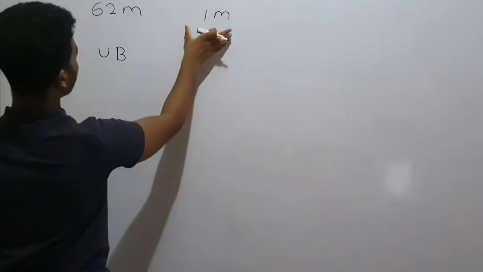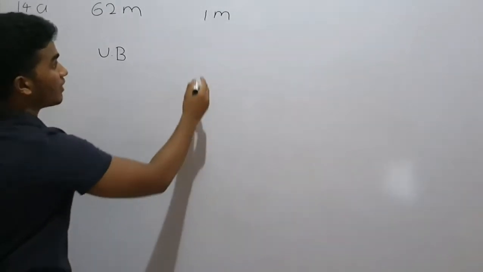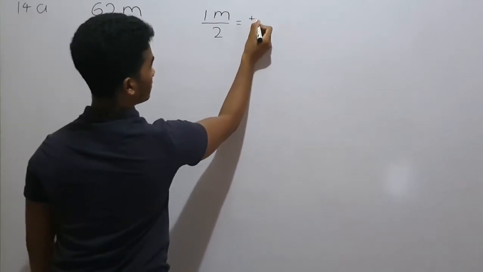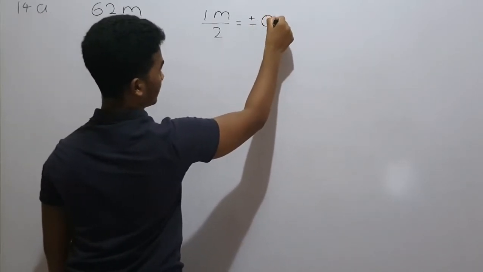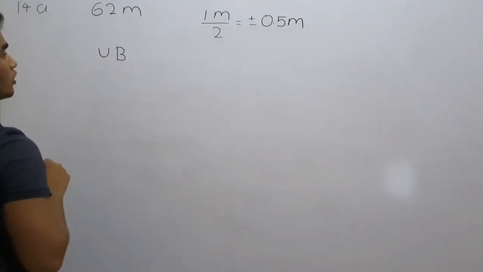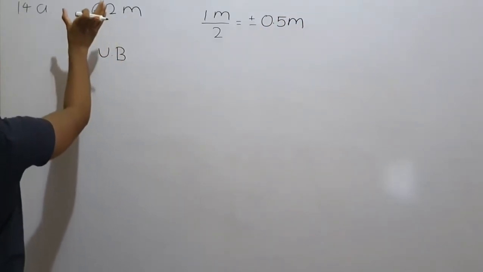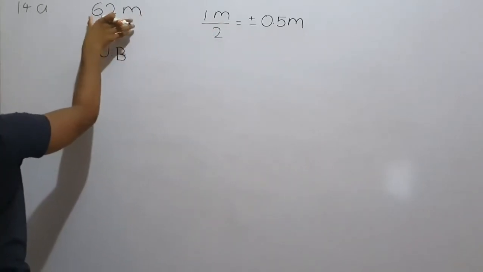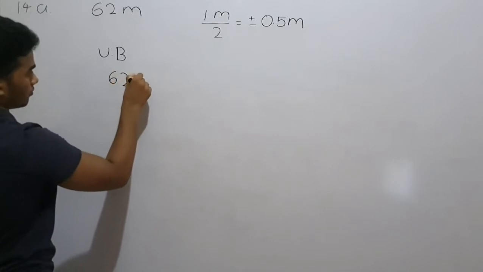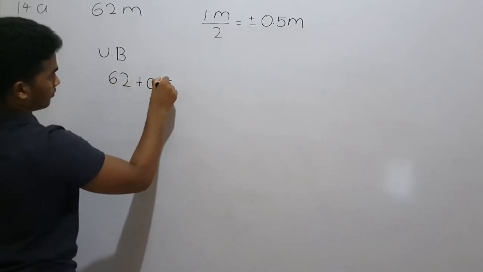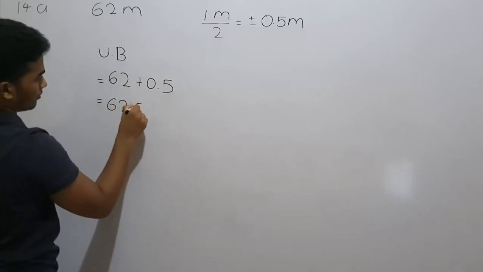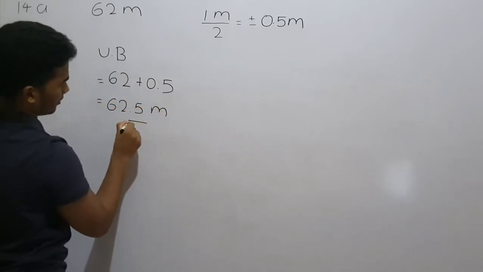Now it is given to nearest 1 meter, so you should divide this 1 meter by 2 and get the adding and subtracting value as 0.5 meters. To get the upper bound, you should add 0.5 to the original length 62. So it is 62 plus 0.5, which is 62.5 meters. This is the upper bound.